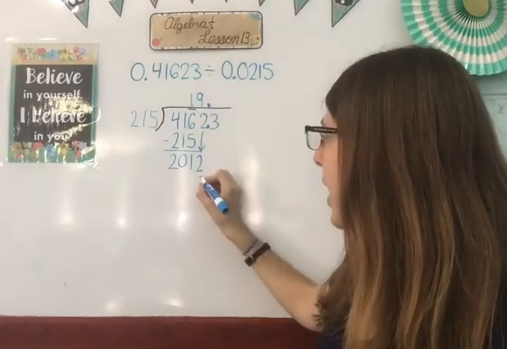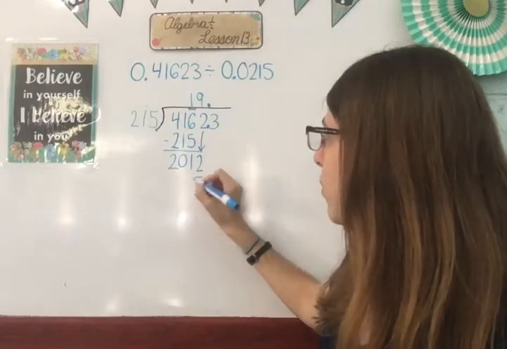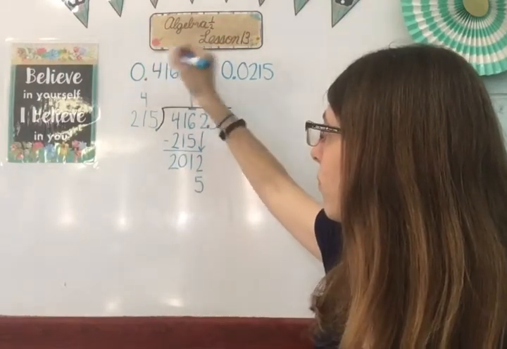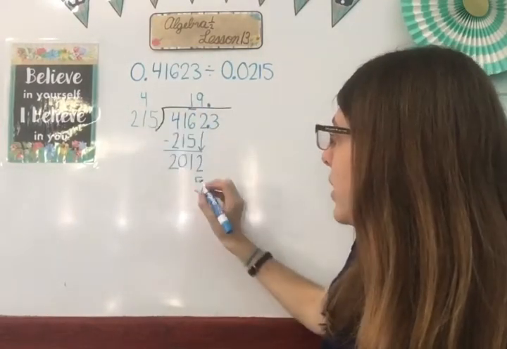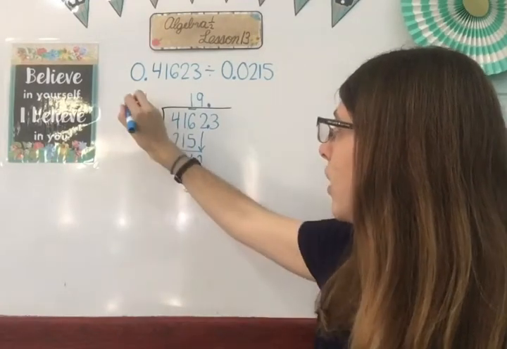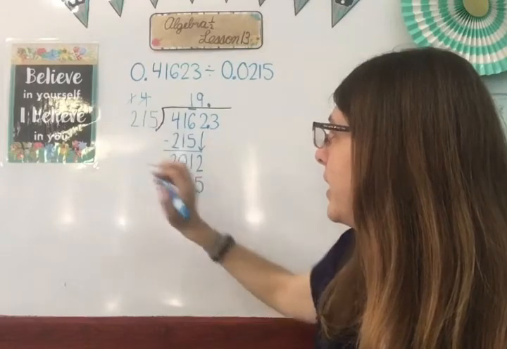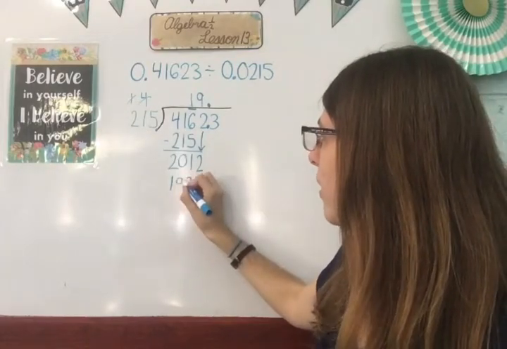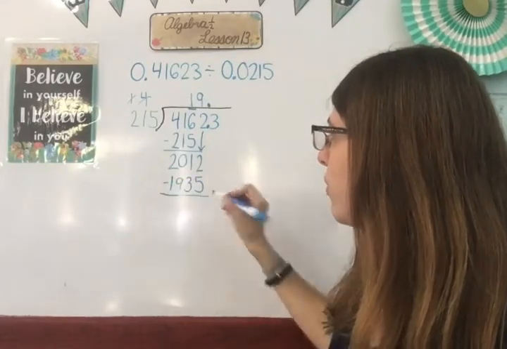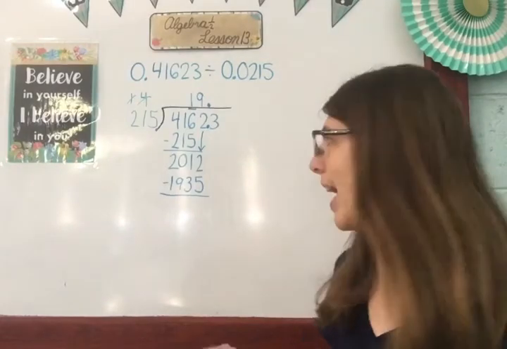And I'm going to multiply. 9 times 5 is 45. 9 times 1 is 9, plus 4 is 13. Here's my 1. 9 times 2 is 18, plus 1 is 19. This number is smaller than 2012, so I can go ahead and subtract.